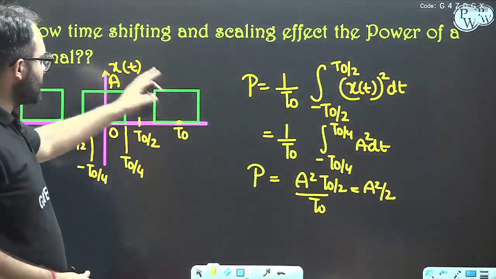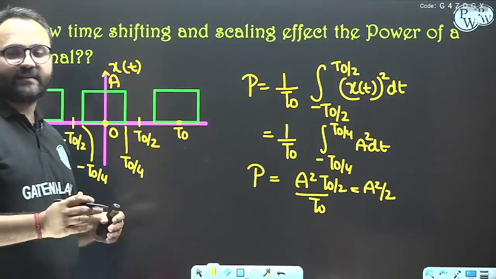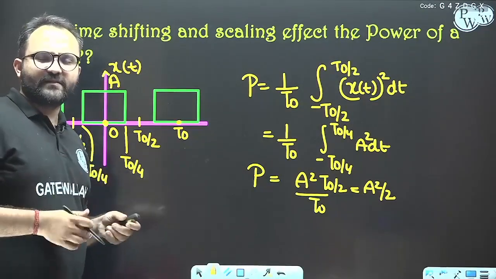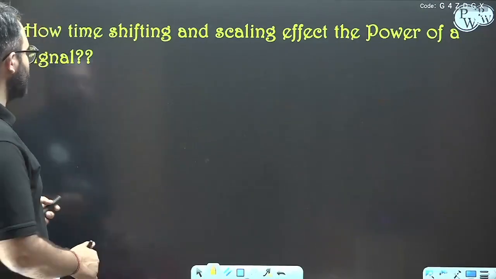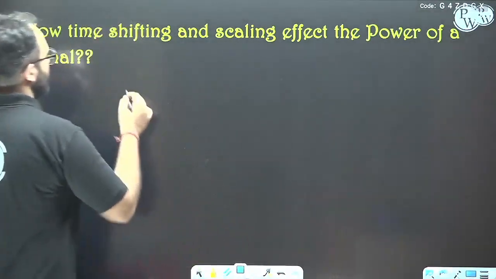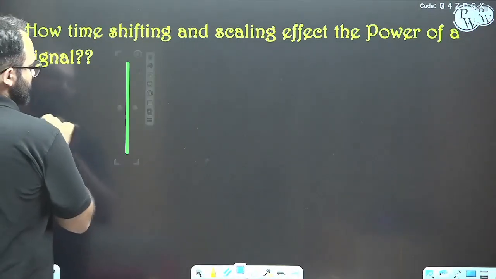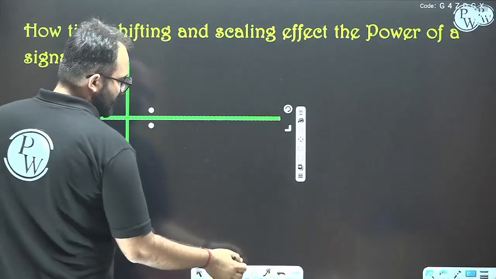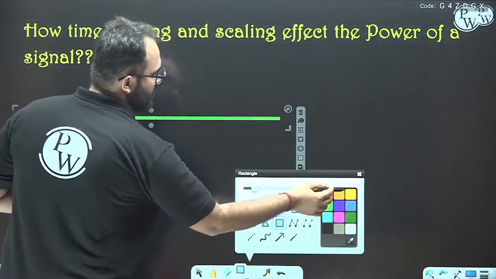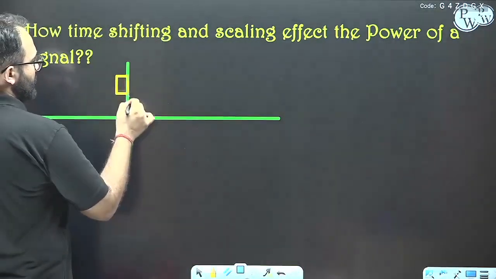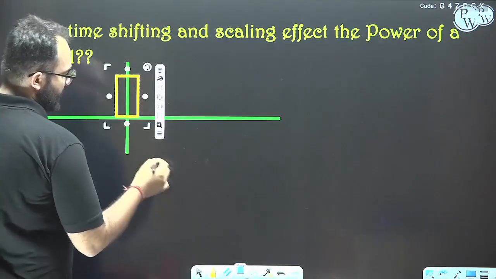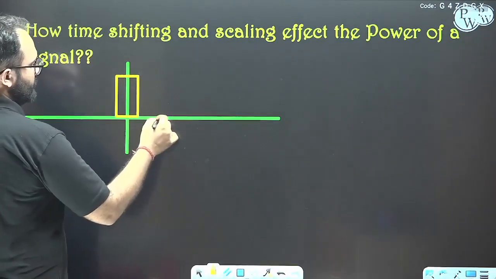Second point is, what happens when we do the scaling? Let us take the same example and do the scaling. Scaling means let us compress the signal by a factor of 2. If we compress the signal, the time period will become T naught by 2 and everything will get contracted.